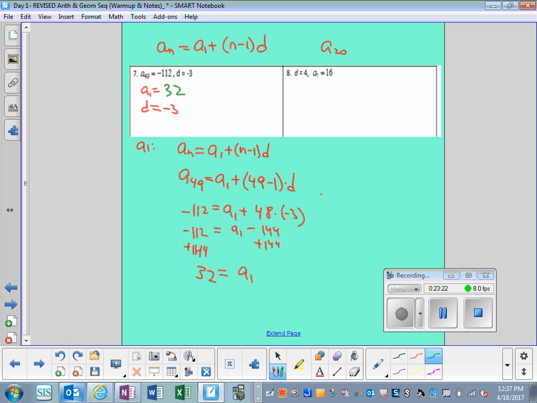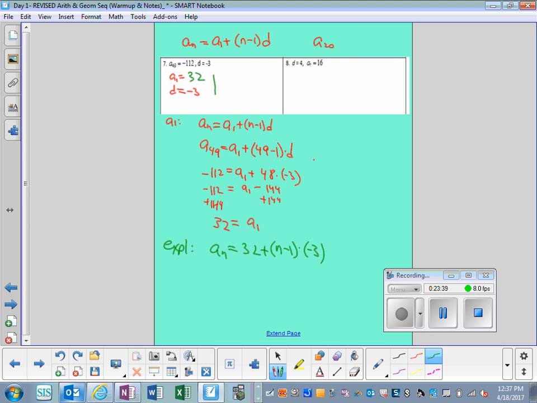I can write down the formula. So the explicit rule is an equals a1, which is 32, plus n minus 1 times -3. Now I just need to simplify a little bit to write the final answer. So I distribute -3 into parentheses and we write 32 minus 3n plus 3. Combine like terms: 32 plus 3 is 35 minus 3n.